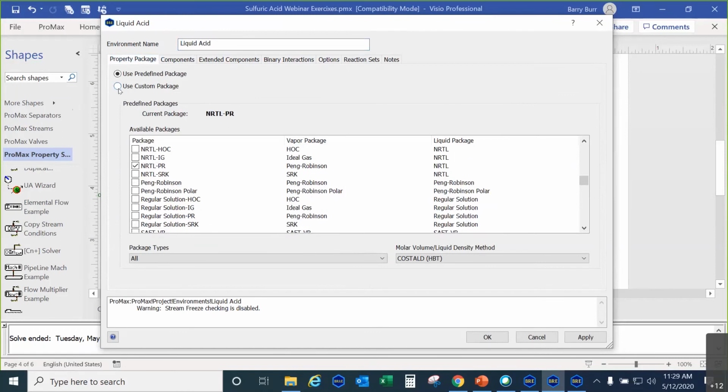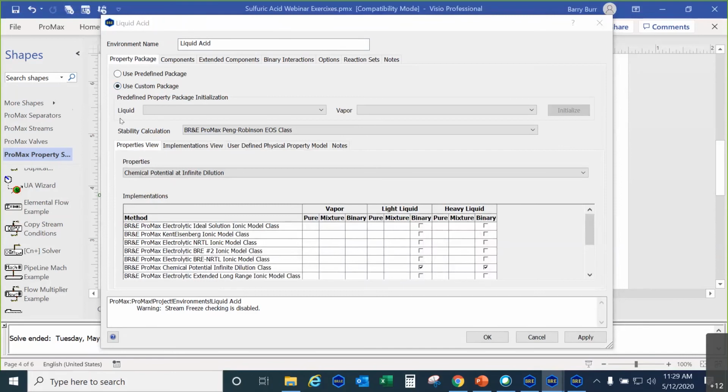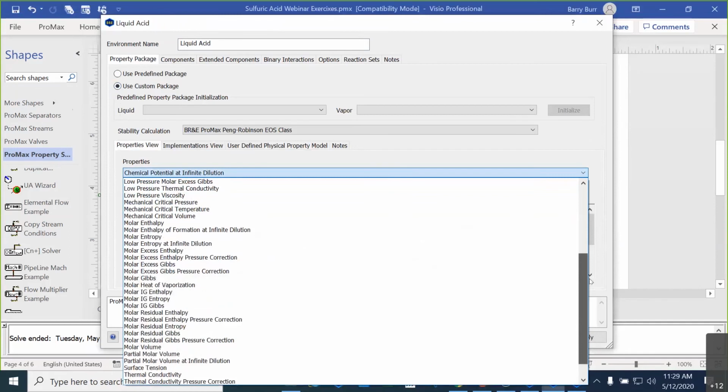So it's got all the parameters for NRTL Peng Robinson in its environment, but we're going to customize it by choosing use custom package. So now we're going to deviate from the NRTL Peng Robinson in a couple of little areas. We're going to choose a property called molar enthalpy.